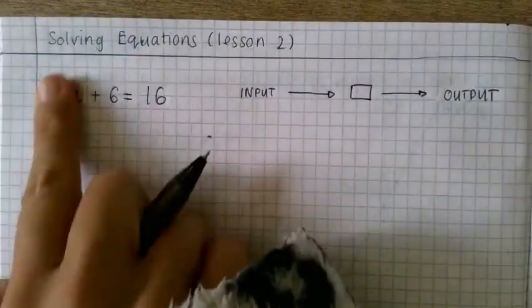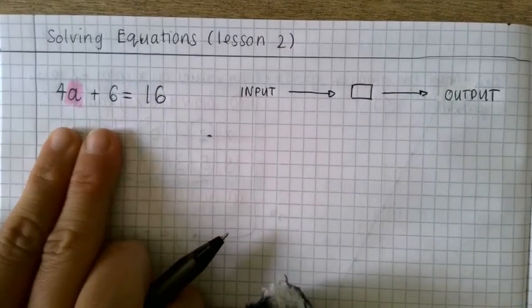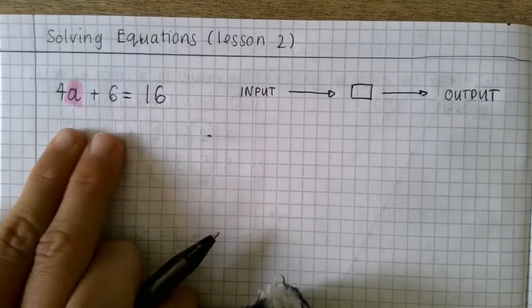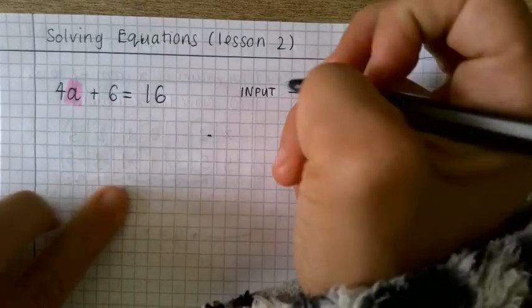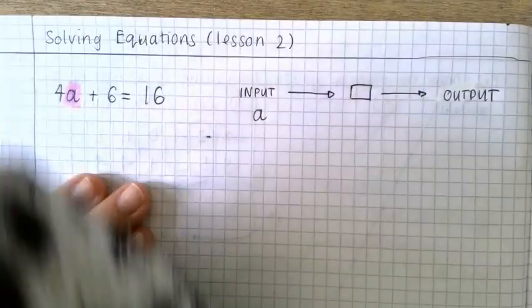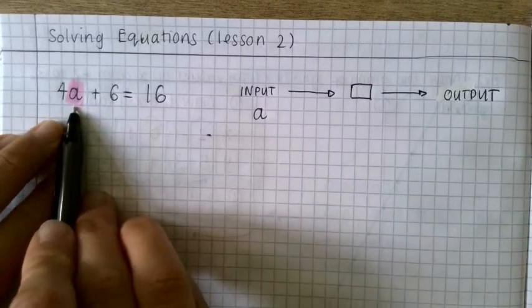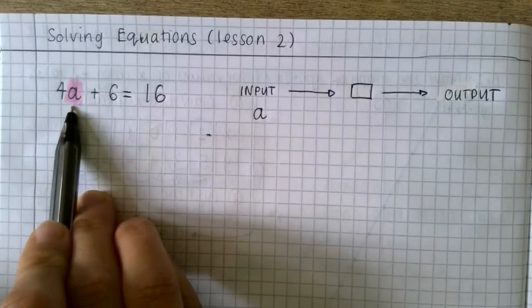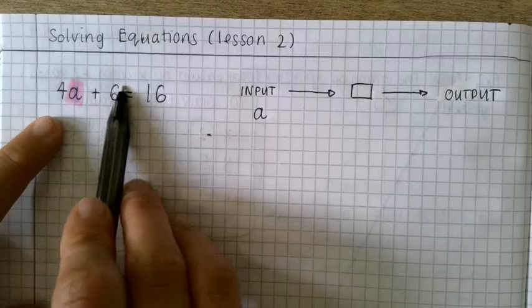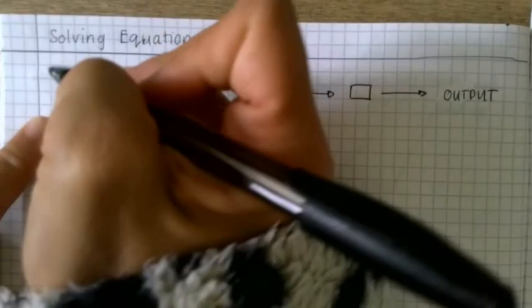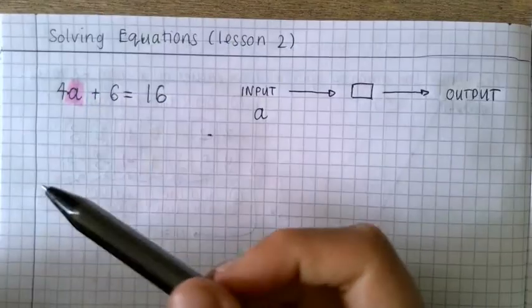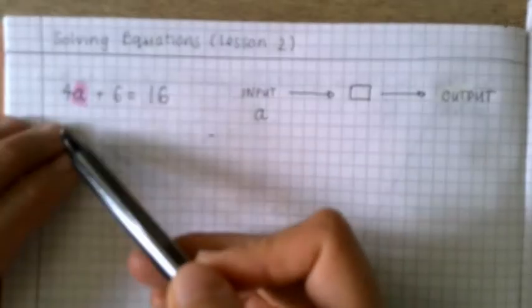We can think about this equation as a number machine where our input is the letter a. And what's happening to a? BIDMAS helps us here, because we can see we've got a plus 6 and a multiplied by 4, and when we follow BIDMAS, the multiplication happens first.